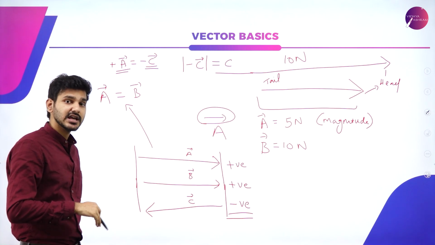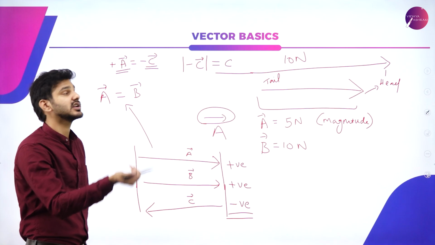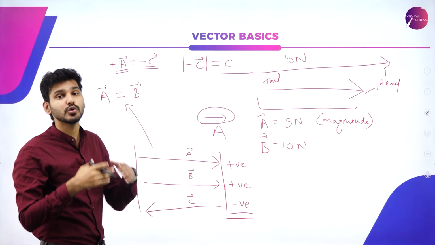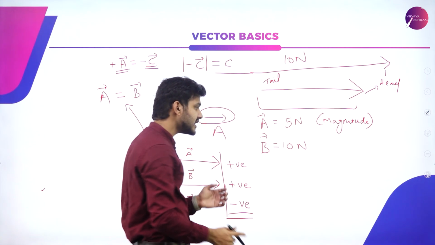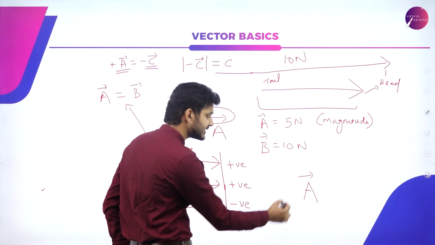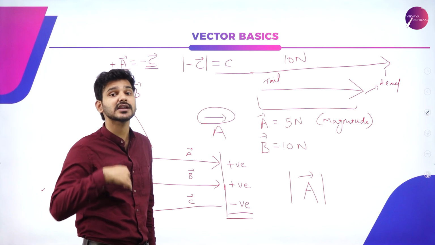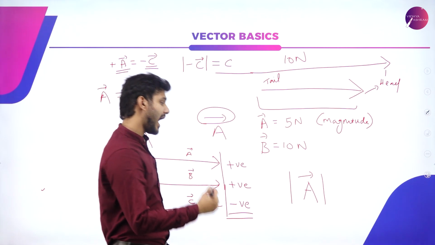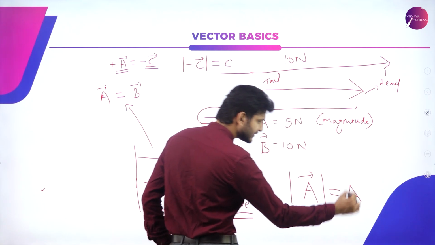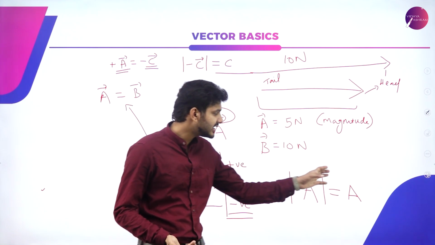Then I can say that this particular quantity, which is now a scalar, that is without a direction, can be represented like this. And these two bars are known as a modulus. So if this is vector A, it can be written as modulus of vector A, which means we are taking the magnitude of that vector, without any directional properties.